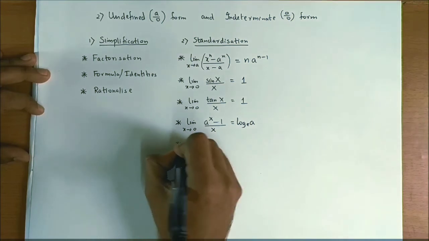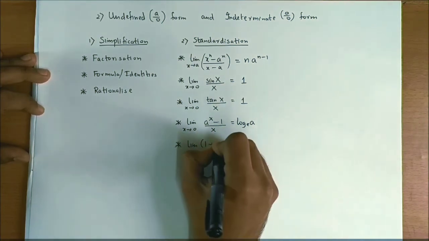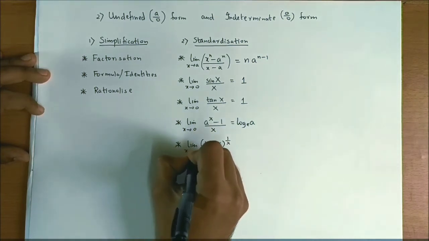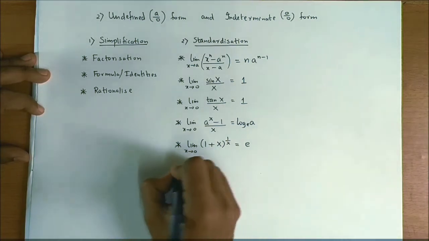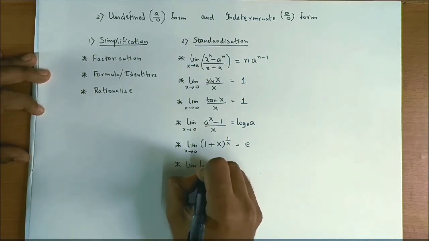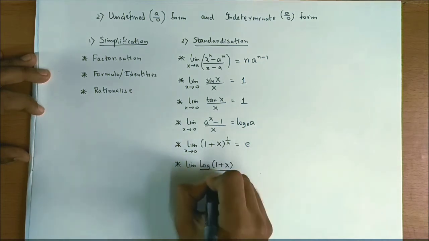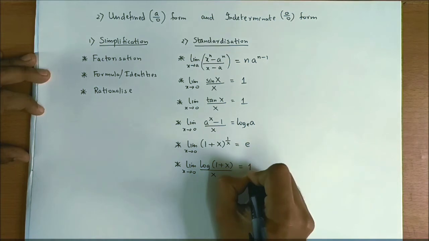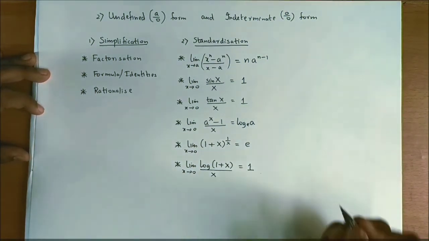The next one is limit of 1 plus x raised to 1 by x, again x approaches 0. The answer for this is e. Yes. Next, limit of log of 1 plus x upon x, again x approaching 0, is equal to 1. So you could bring the limit in one of these standard forms.